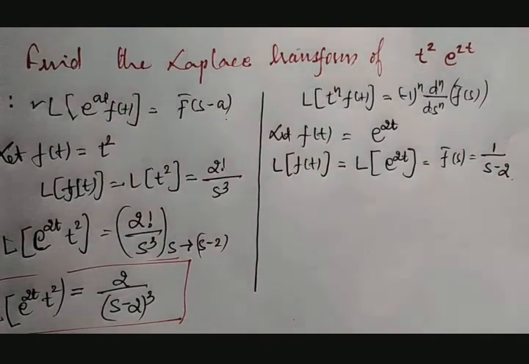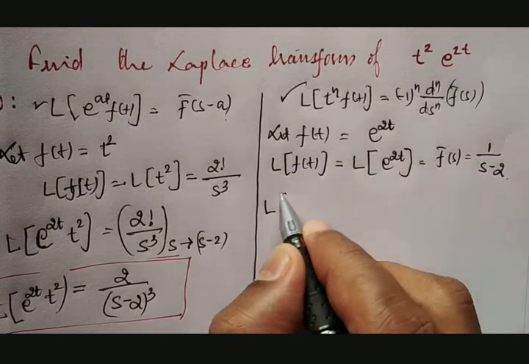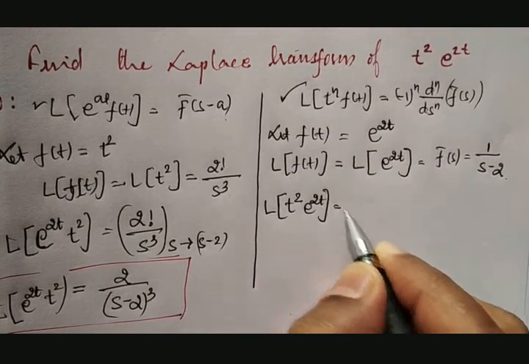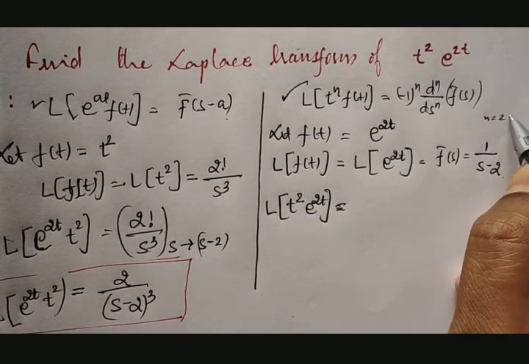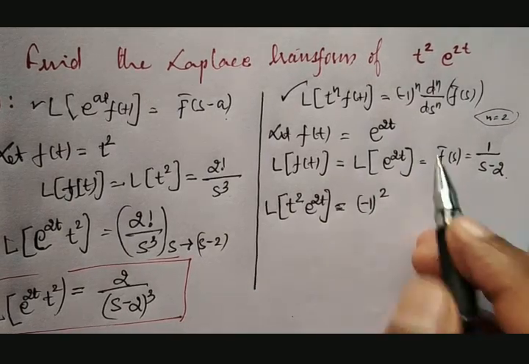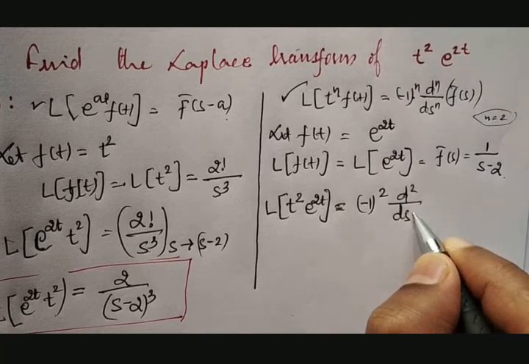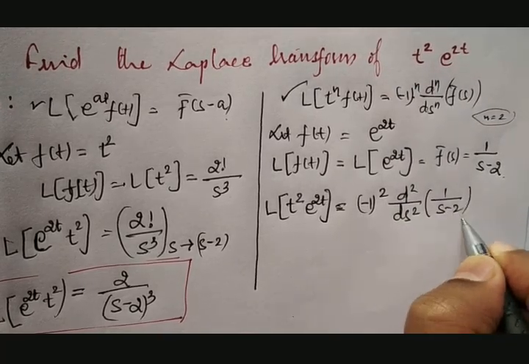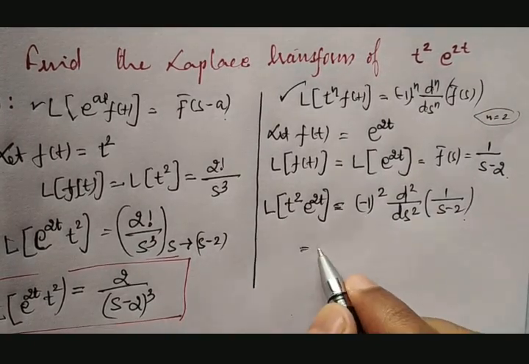Therefore, as per the derivative property, Laplace transformation of t square into e raised to 2t is equal to, here n is equal to 2. Therefore, minus 1 the square into d square by ds square into f bar of s, that is 1 divided by s minus 2. Therefore, minus 1 the square will be plus.